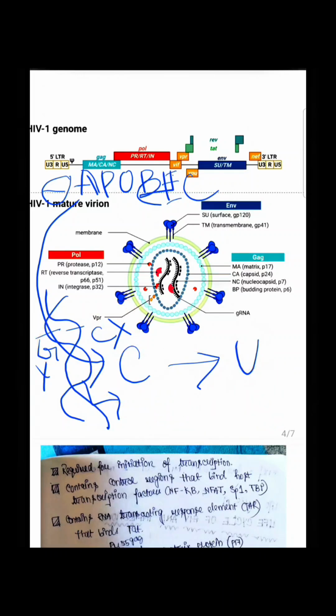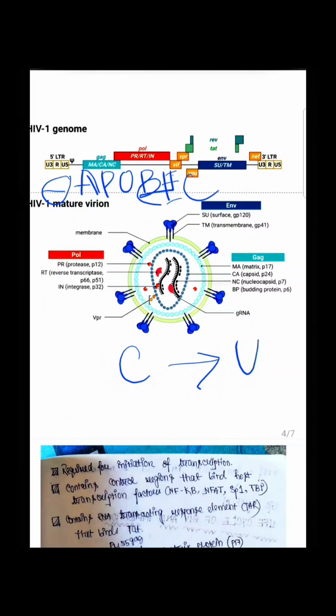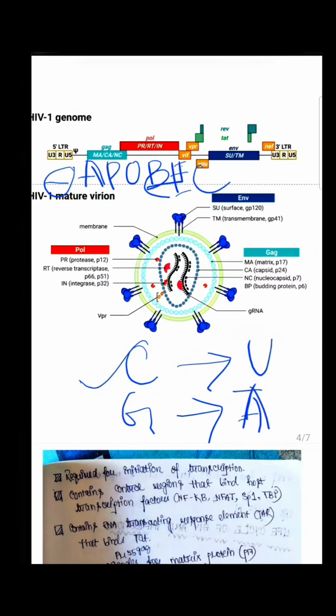So there will be a mutation that converts this C into U and this G into A. Now the HIV RNA will be defective, so there will be no more multiplication.